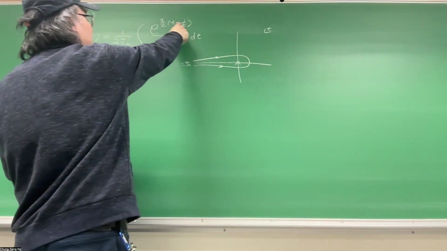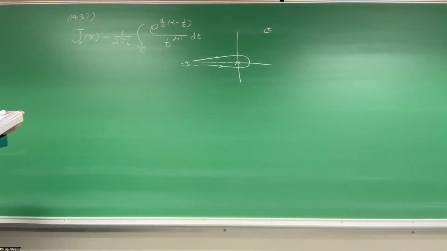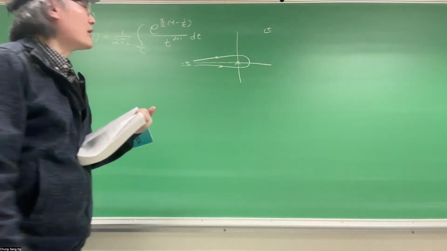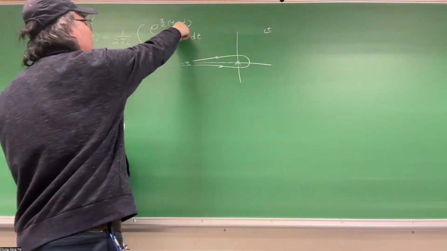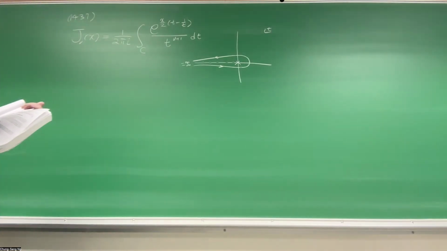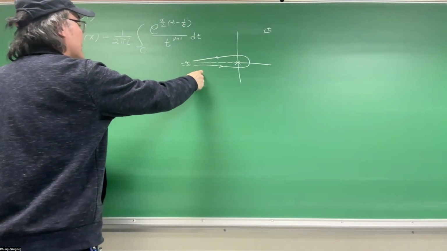Actually, this is not even a finite order pole. It's an essential singularity, because you remember there's a 1 over t in the exponential function that makes it an essential singularity. But that doesn't matter. We can still evaluate that.